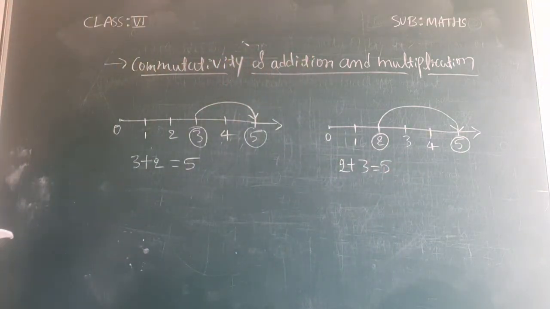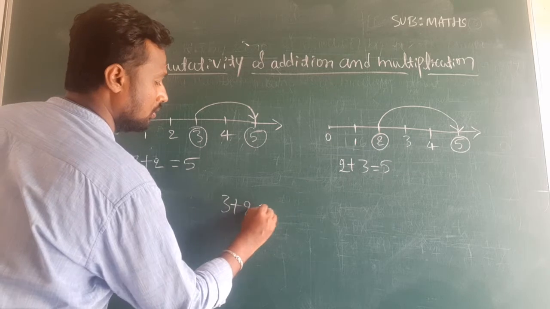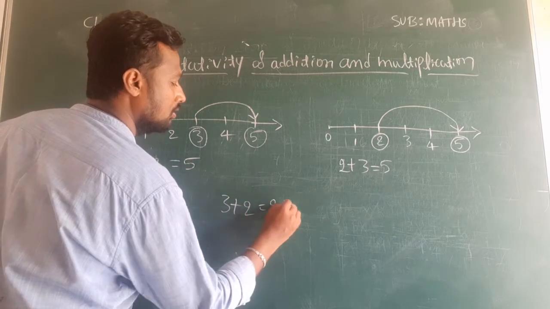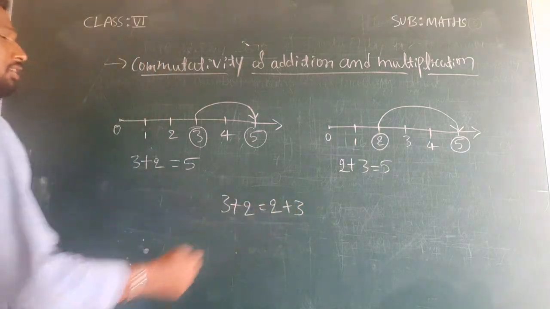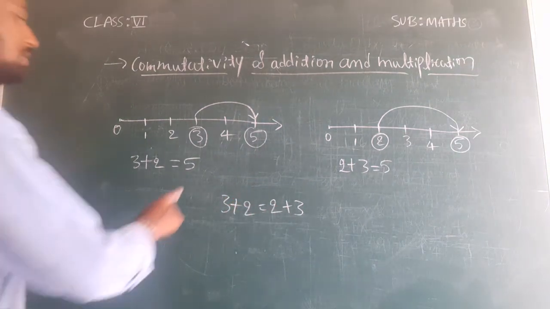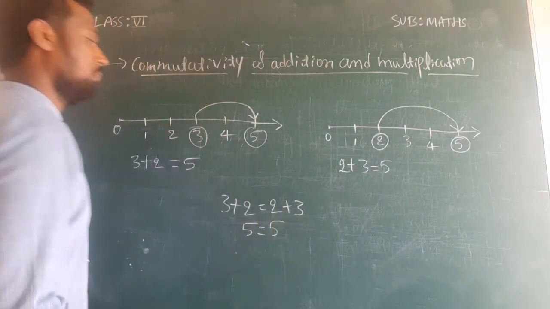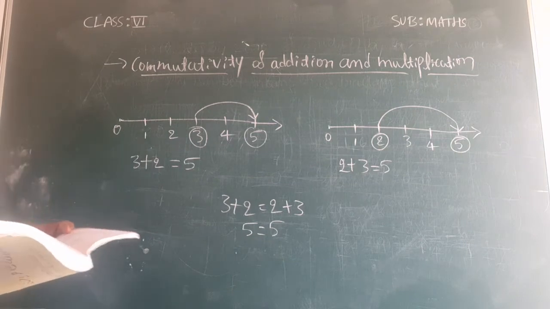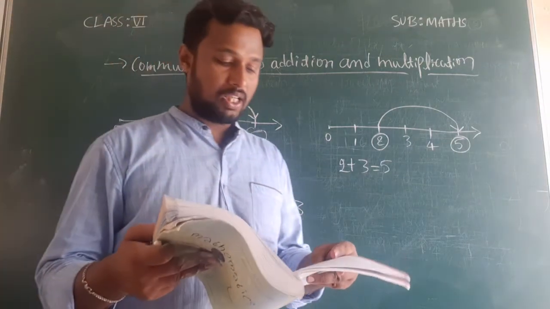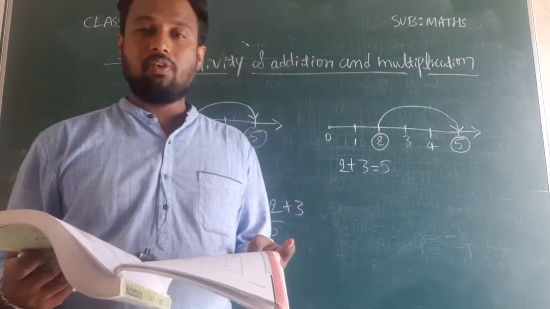Now in both cases we are getting the same answer. So we can write 3 plus 2 is equal to 2 plus 3. If you change the order of values, you will get the same answer, that is 5 only. 5 equals 5. One more example using the number line is given on page number 34 of your textbook.